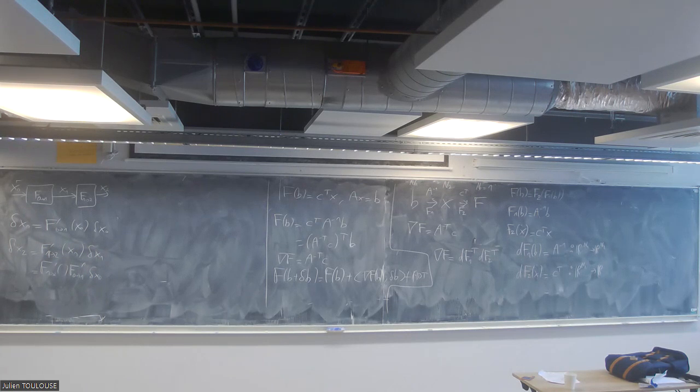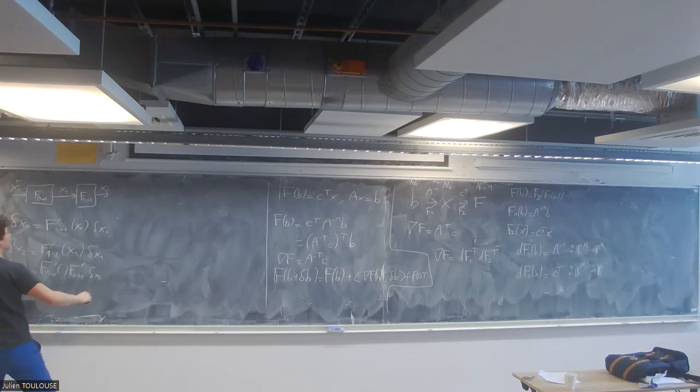How do I compute the gradient from this? Here I've got the Jacobian of my transformation.